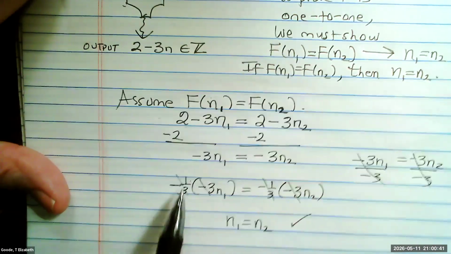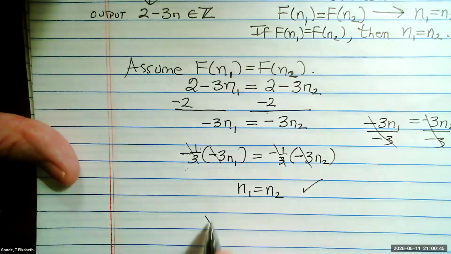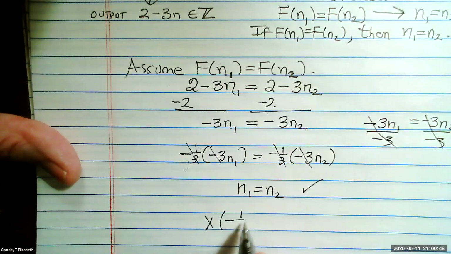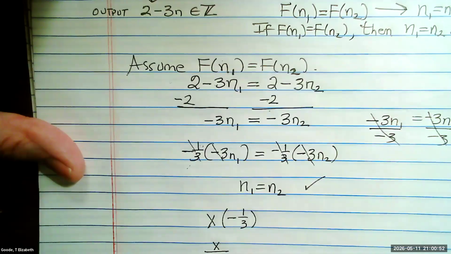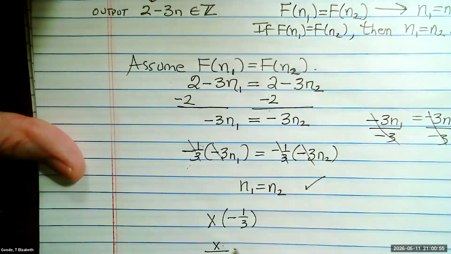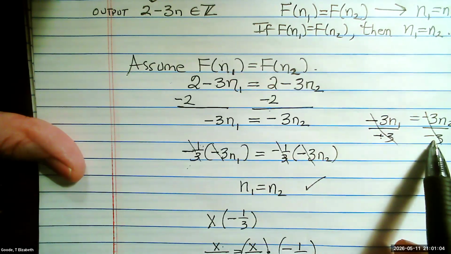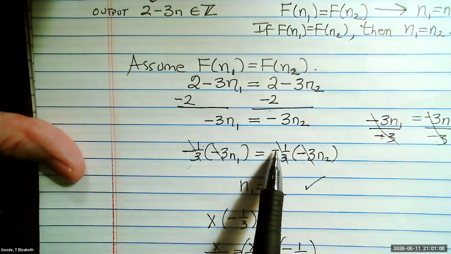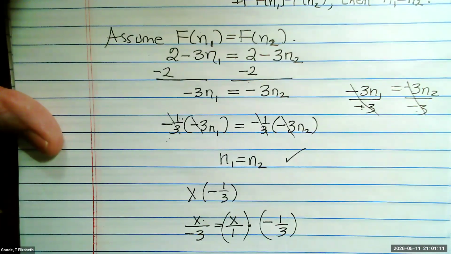See, if we take x and multiply by negative 1/3, that's the same thing as taking x and dividing it by negative 3, because x over negative 3 is x over 1 times negative 1/3. That's what dividing by negative 3 is. We're actually multiplying by negative 1/3. Multiplying and dividing are two sides of the same arithmetic coin.